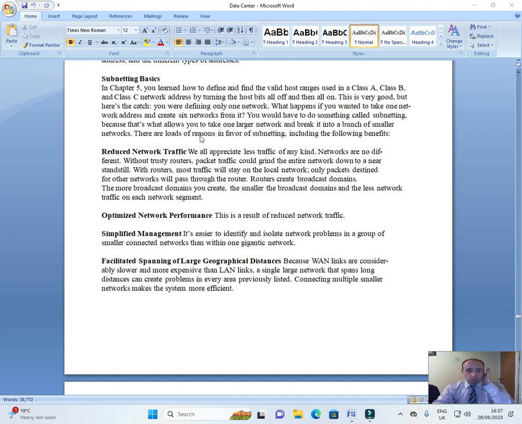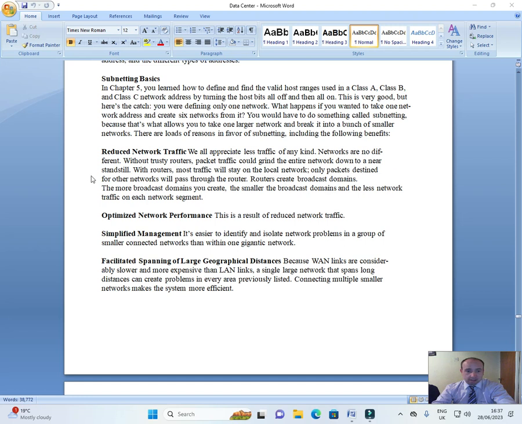There are loads of reasons in favor of subnetting, including the following benefits. Reduced network traffic. We all appreciate less traffic of any kind. Networks are no different. Without trusty routers, packet traffic could grind the entire network down to a near standstill. With routers, most traffic will stay on the local network.